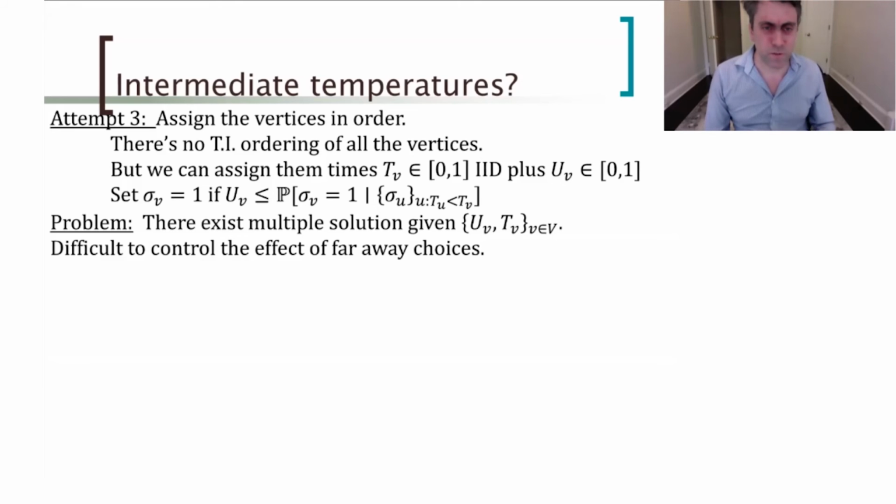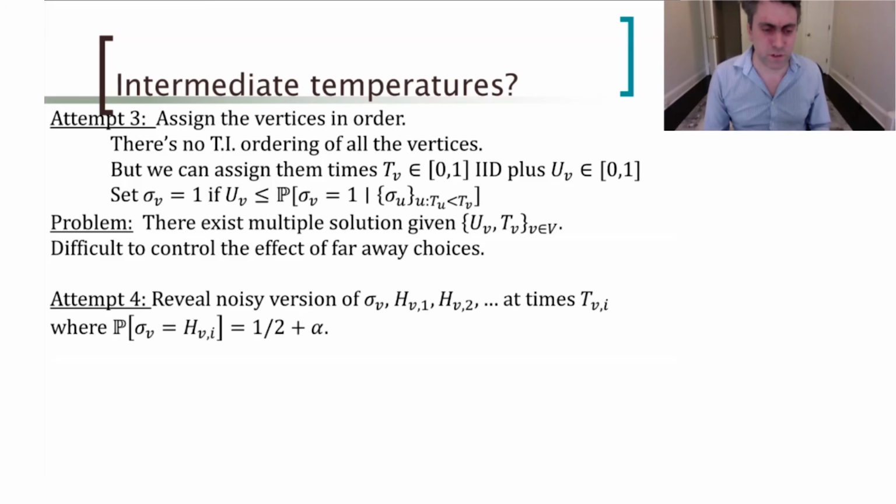So maybe a softer approach to setting the values of vertices would be, rather than exactly revealing the value of a vertex, I'm going to reveal noisy information about it. Each vertex will have a series of times t_{v,i} given by a Poisson process. At each of those times, I'll reveal h_{v,i}, which will be either plus or -1. The probability that h agrees with sigma will be something more than a half, so let's say a half plus alpha.